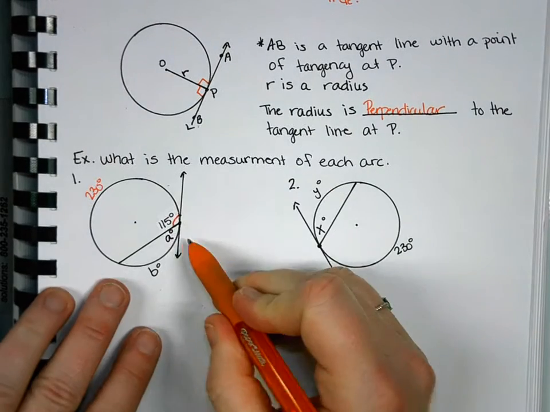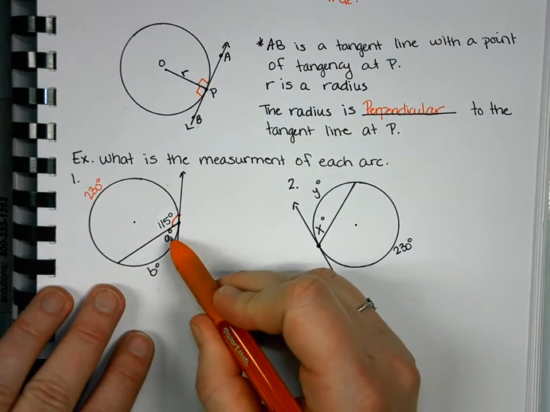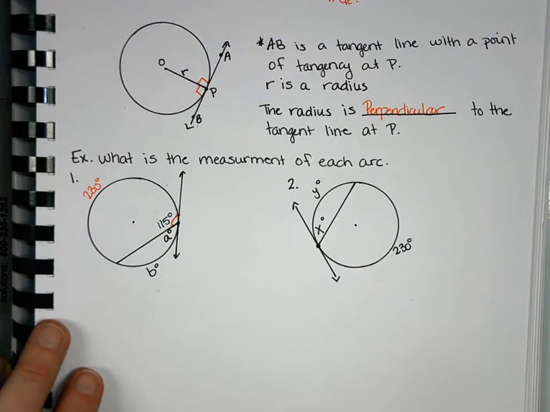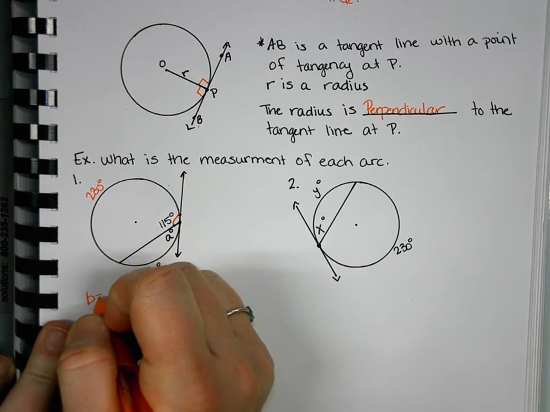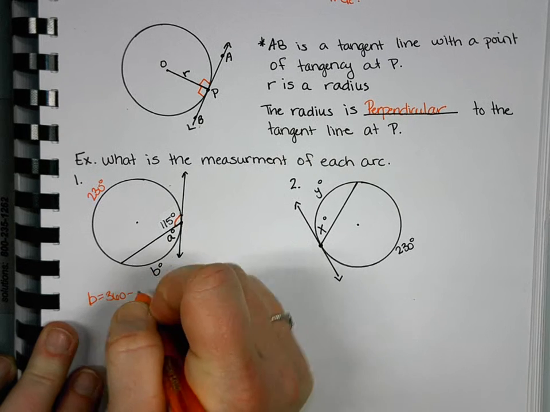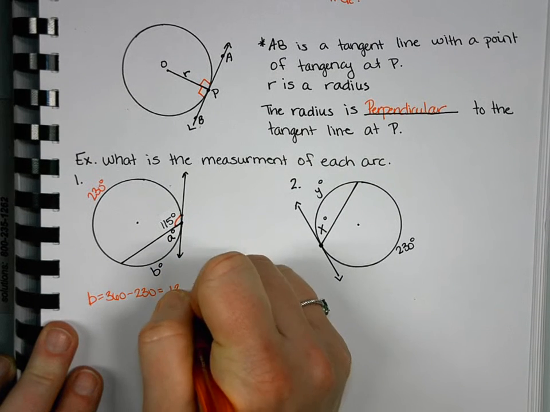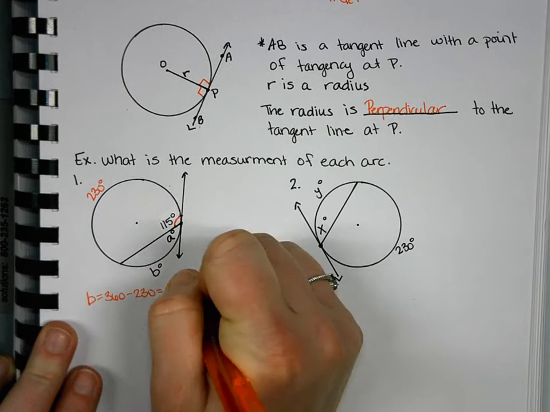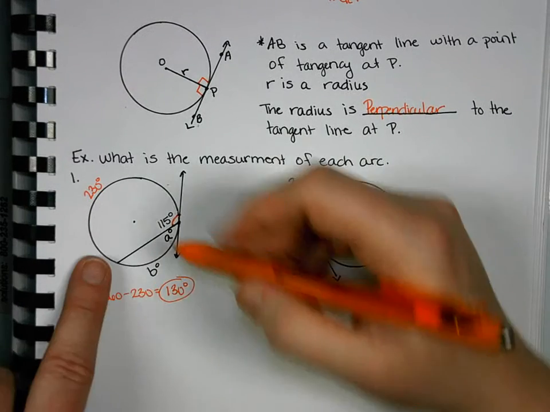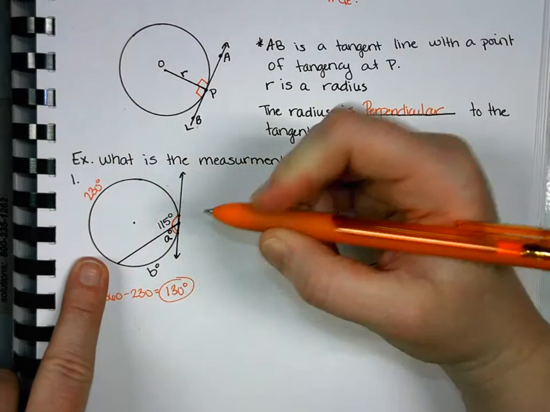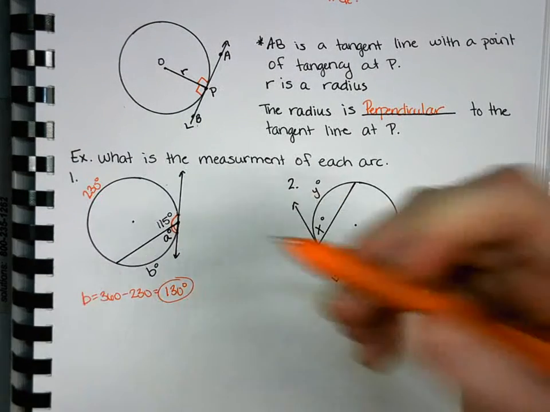So how does that help us find arc B? 360 minus 230. So that would be 130. So B is 130 degrees. And then how does that help us figure out what A is? Half that.